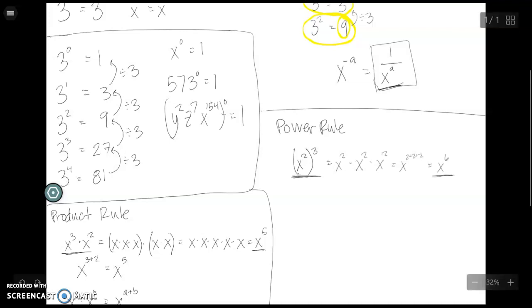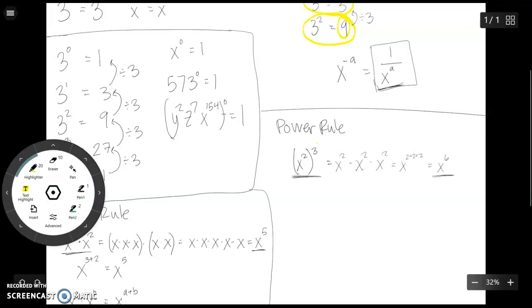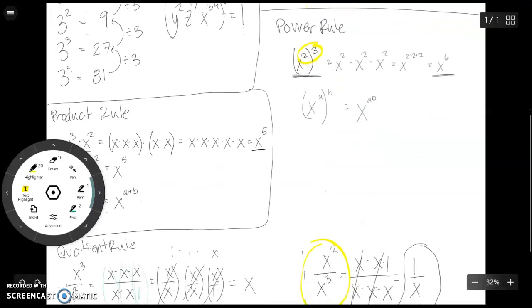So the 2 and the 3, the exponents we started with, are multiplied together. So let's write a general rule for that. If I have x raised to the a power, a can be any number, and then I raise that whole thing to the b power, then I get x to the ab, and those two are multiplied together. That's a super slick rule. It's going to become very, very useful.